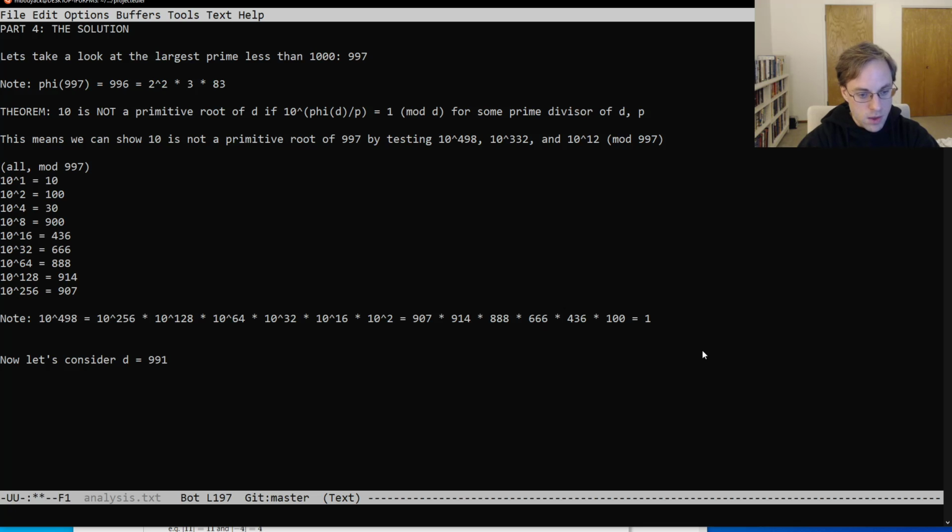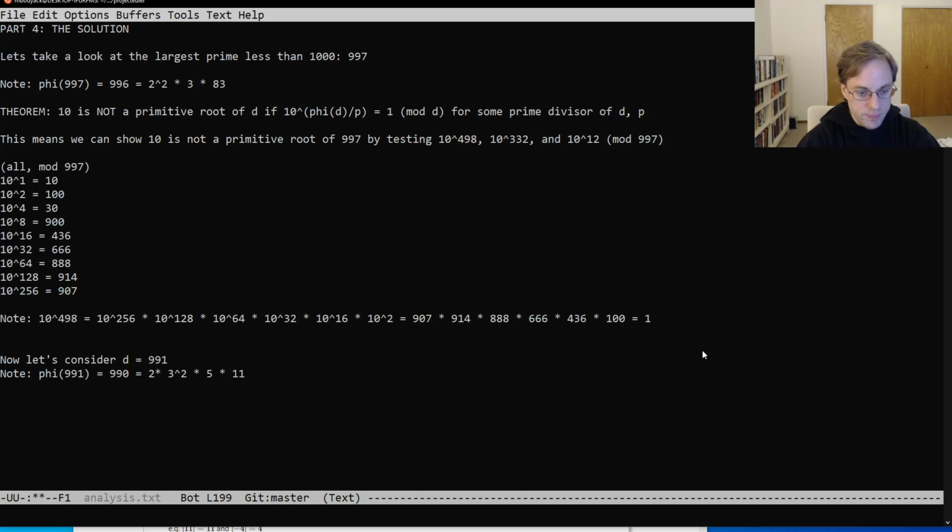991. Note, phi of 991 is equal to 990, which is equal to 3 squared times 5 times 2 times 11.